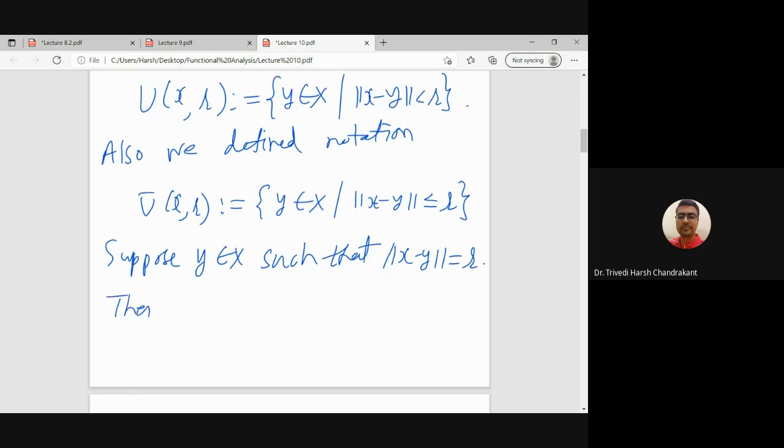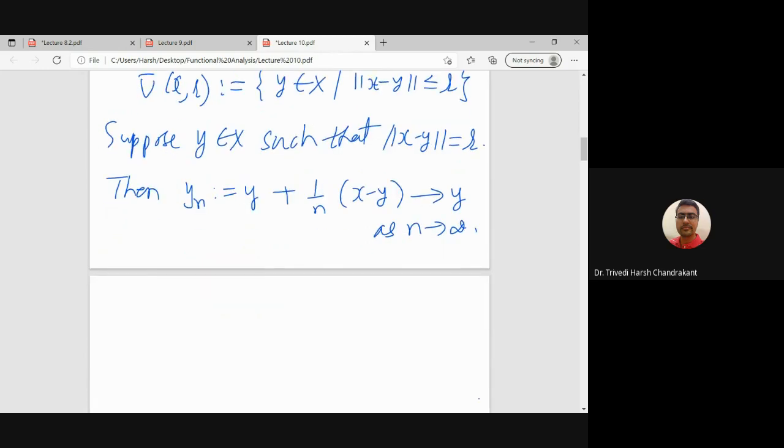Then we can find elements yn defined by y plus 1 by n times (x minus y), a sequence. So now if n approaches infinity, this part will be 0. So that means this sequence converges to y as n tends to infinity. So yn converges to y as n tends to infinity.